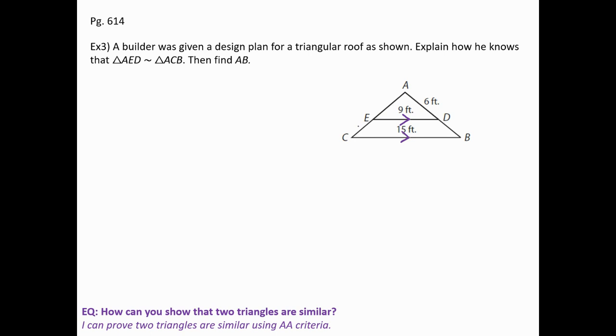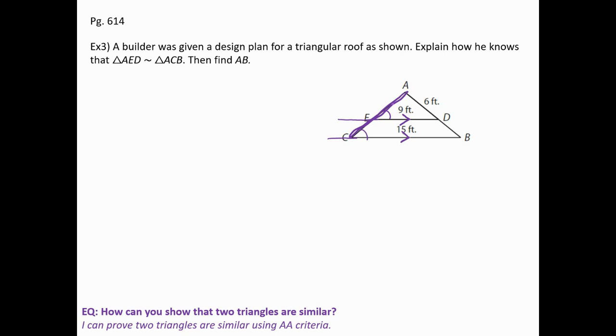Specifically, if I look at this line right here, A to C for a minute, that would act as a transversal, as if my parallel lines kept going. And so with that, I could actually say this angle is congruent to this one. So the angle at E and the angle at C are congruent.